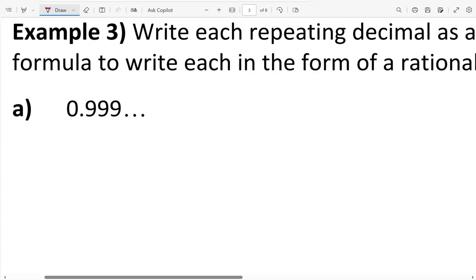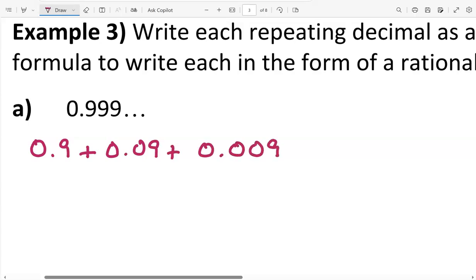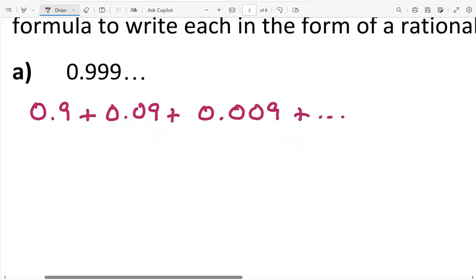In example 3, we're going to write repeating decimals as an infinite series and then use our sum formula to write them as a rational number, or the ratio of integers. So 0.9 repeating can be re-expressed as 0.9 plus 0.09 plus 0.009, etc., which is an infinite geometric series with a ratio equal to 0.1.